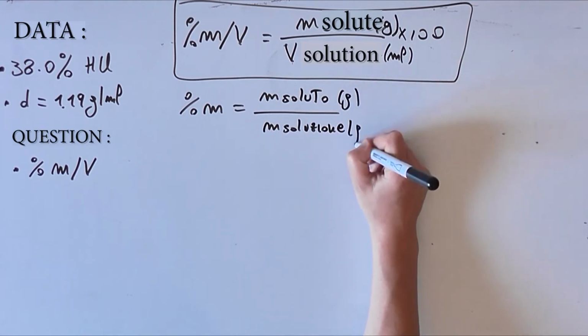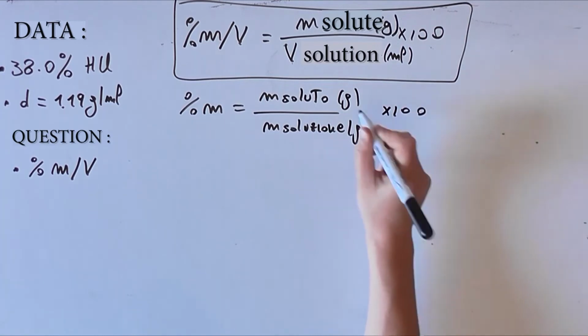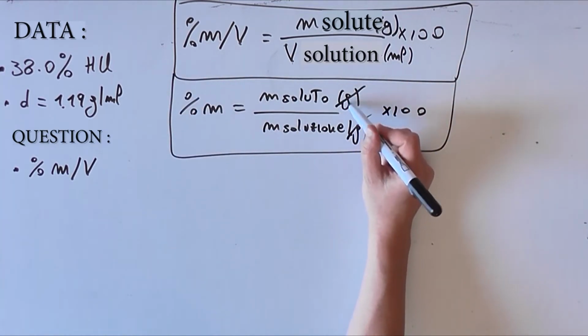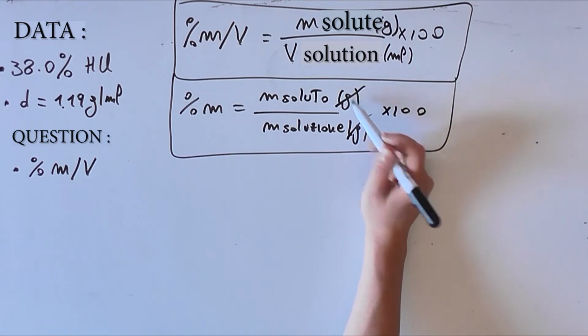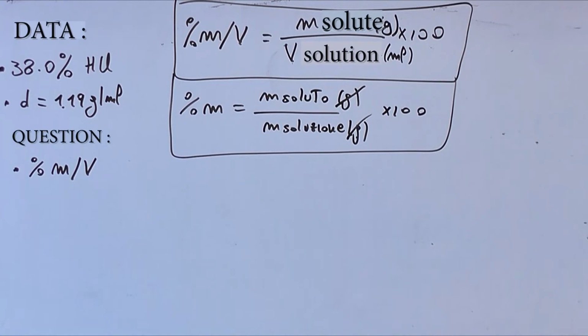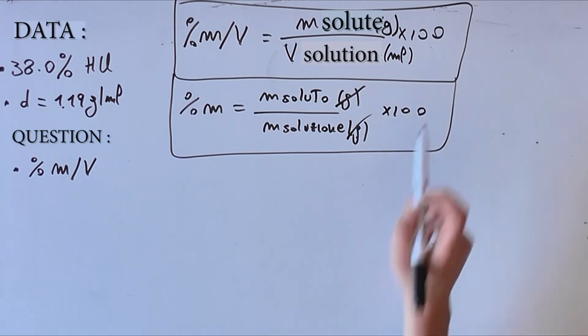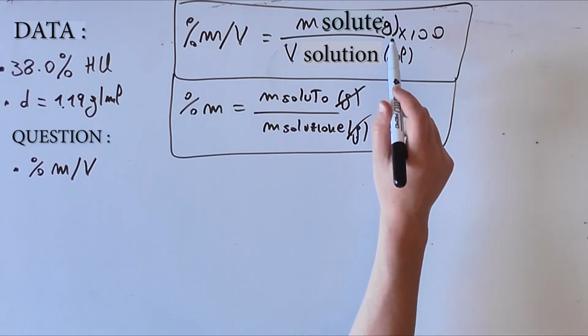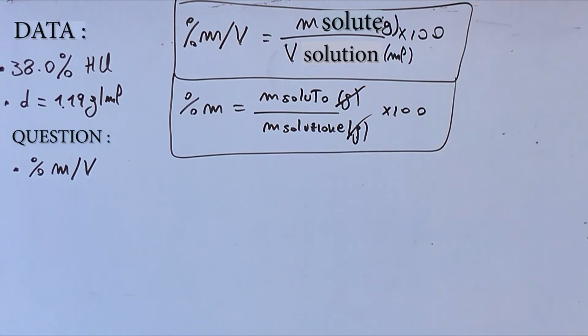If I write grams and grams, I can simplify them. I can also use kilos; the important thing is to write kilos both up and down, so that they can be simplified. Therefore, for the first formula, I need to be careful with units. For the second formula, I don't need it. Now, let's go back to our problem.